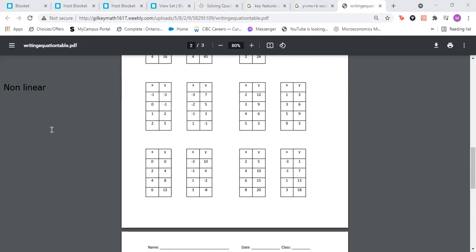What would the next one be? Linear. Oh, wait, no, hold on. Let's look at the difference between the y's. Is it linear or non-linear? Yeah, non-linear, I think. Excellent. And then what about the next one? Would it be linear or non-linear?